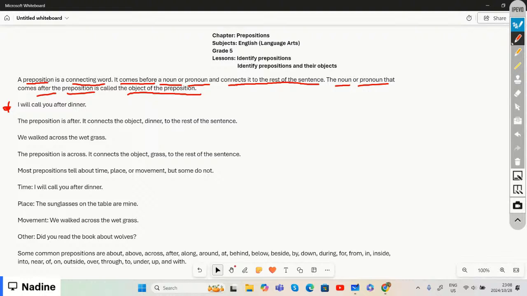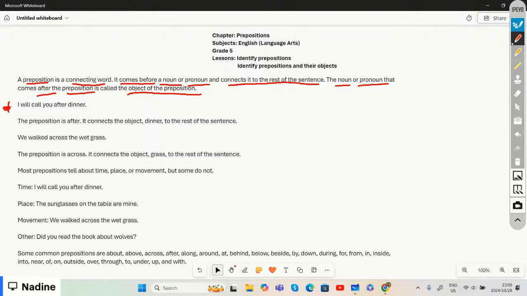Prepositions are words like across, above, at, in, near, onto, under. It's like even asking where's your bag, and you can say it's under your table.